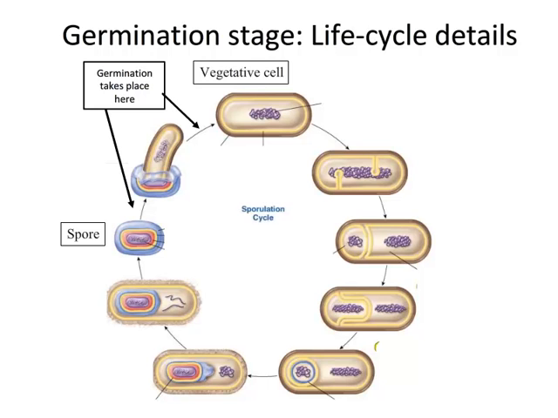So I have made my own diagram, which you're going to see in a few slides from now, to better represent that germination process. But this is where the germination occurs, right here on this slide, between the step of the spore being formed and the step of the vegetative cell being formed.